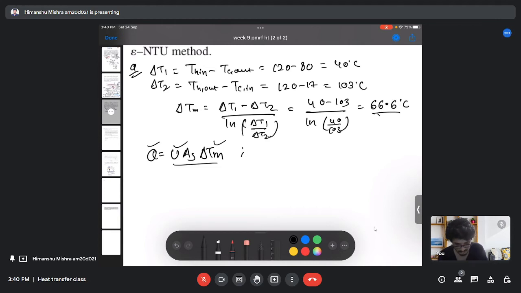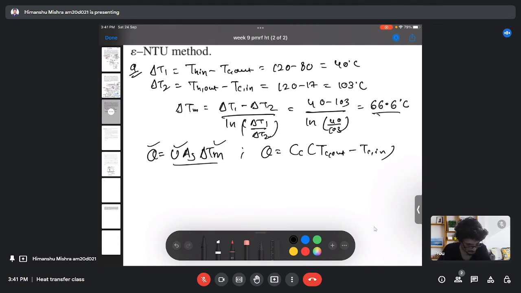Since we are given the inlet and outlet temperature of the cold fluid, we can use the standard relation. This relation we actually used in our previous problem also.